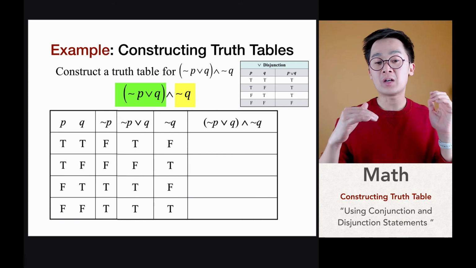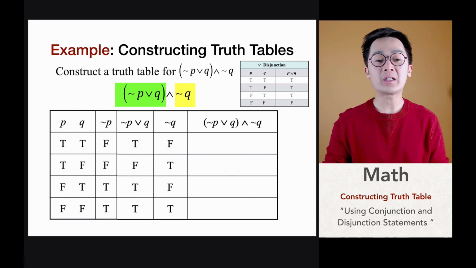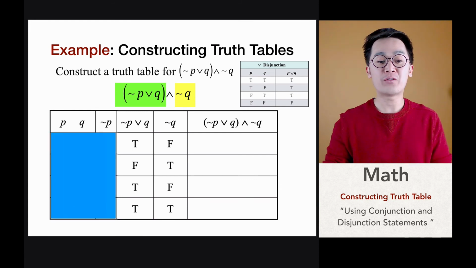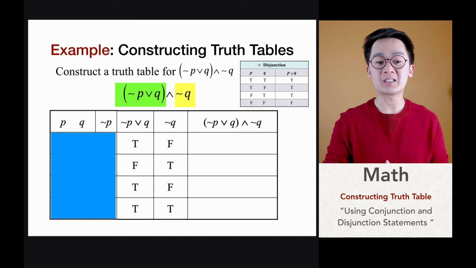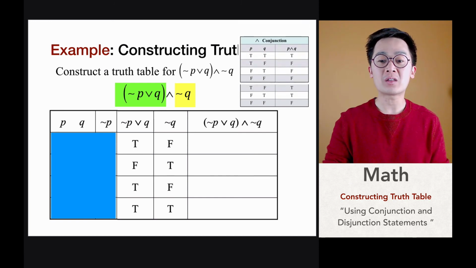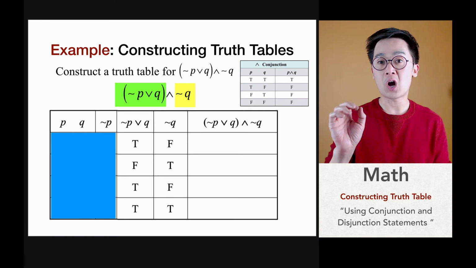But since we are looking for the combination of the two compound statements, which is the quantity of not P or Q and not Q, we're going to ignore the first three columns and just concentrate on our latest two columns, because here we can now use the conjunction operation. In the conjunction operation, the only time it will be a true statement is when the two statements are both true.